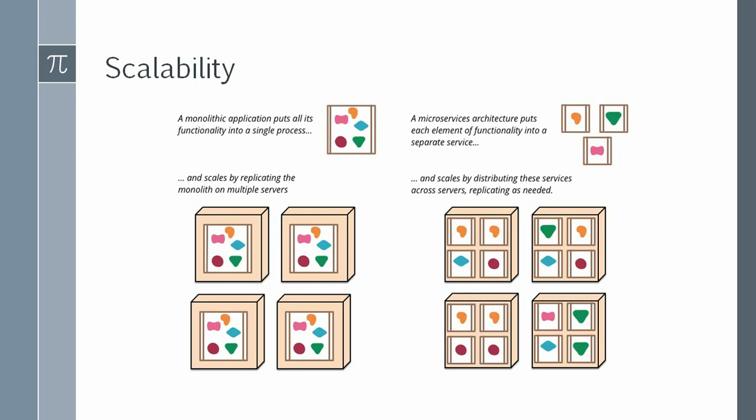4 servers. But in microservice architecture, the scenario is different because you divide your functionality into different processes and different services. And in this case, it's very easy for you. You can scale up and scale down each service across servers independently and replicate them as needed.